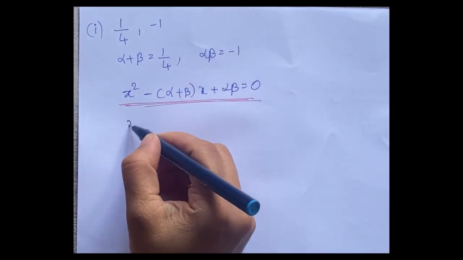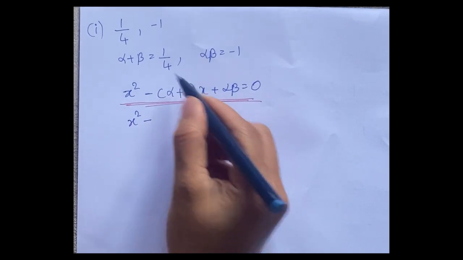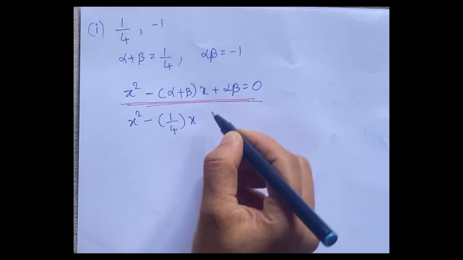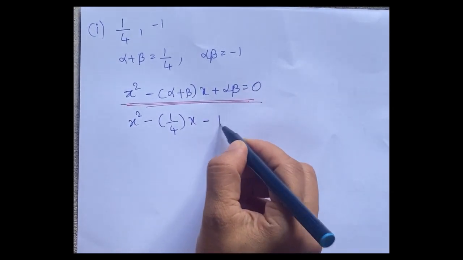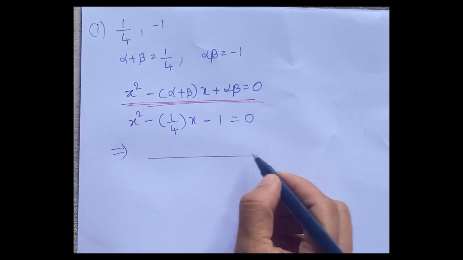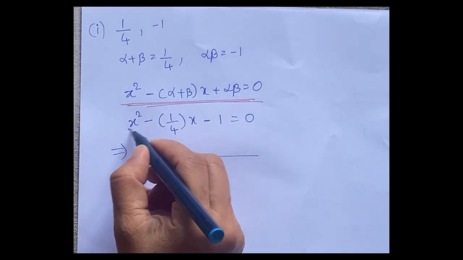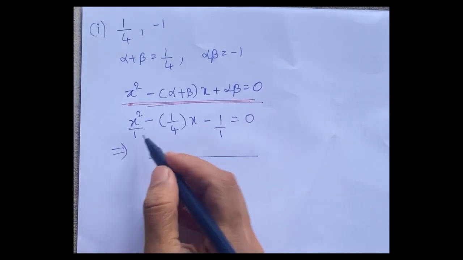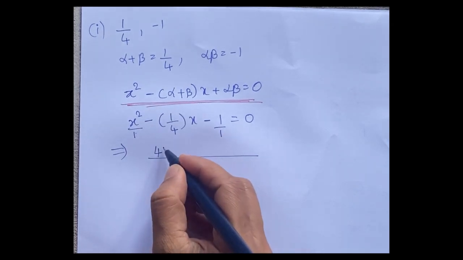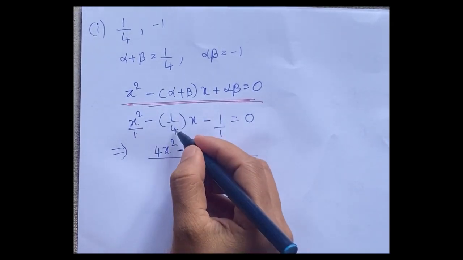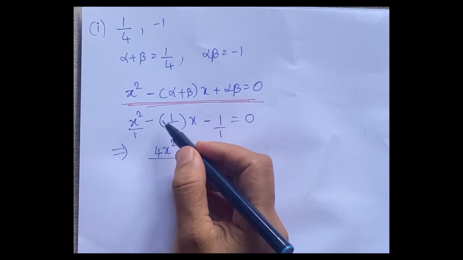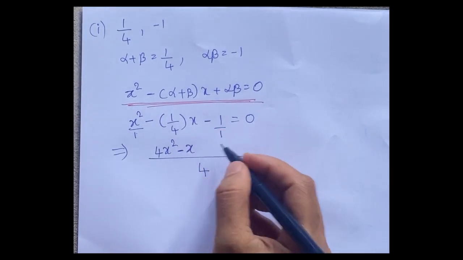Substitute alpha plus beta as 1 by 4 into x, and alpha beta as minus 1, equal to 0. That implies, I will write 4 as the LCM: x square by 1, 1 by 1. There is no 4 here, so I need to multiply 4 to x square. You will get 4x square minus x. In the denominator 4 is there, so no need to multiply 4 to x, just write minus x by 4.